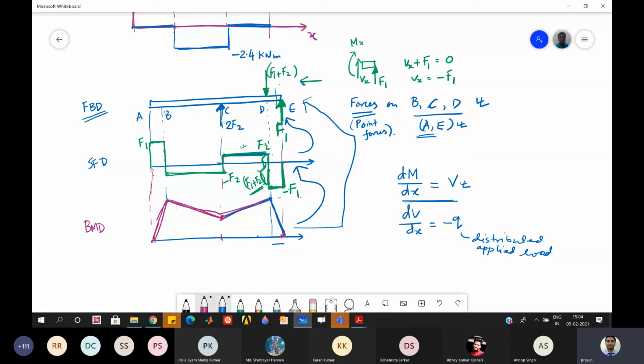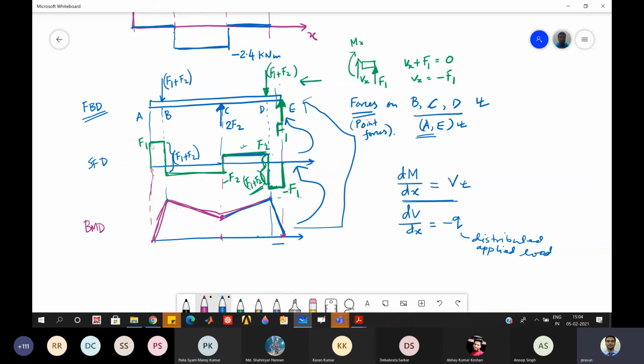And what about the B point? You can see from F2, now again this is F1 plus F2, and it is additive. So you are adding. Additive means you have to put a downward force, and this is F1 and F2.